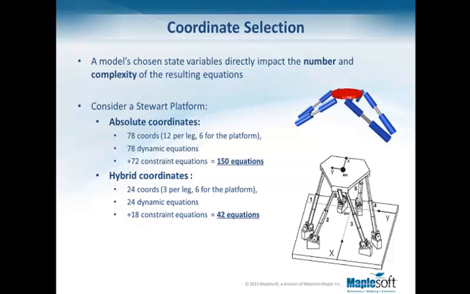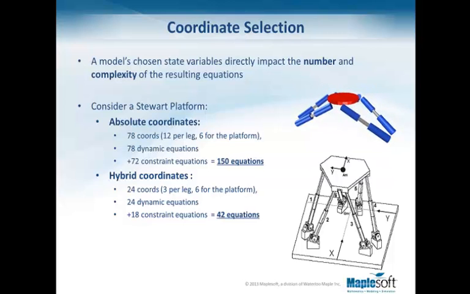The platform has 6 degrees of freedom. So this will end up being 78 coordinates, and that means 78 dynamic equations. But since the Stewart platform has only 6 degrees of freedom, that means we need to also deal with 72 constraint equations. In total, we need to deal with 150 equations.